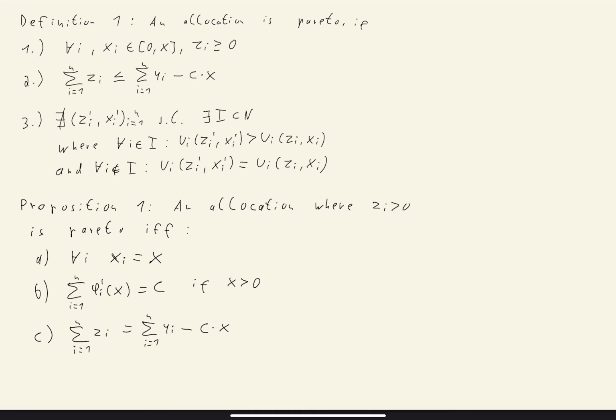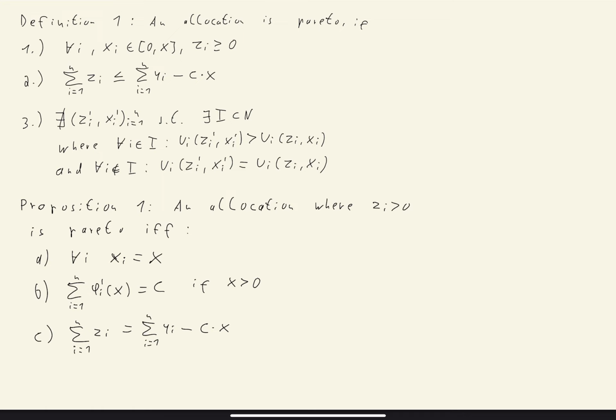Okay, so welcome to this week's problem set, which will be a continuation of the problem set that we had last week. Since the sufficiency part of exercise 1 in problem set 2 was very long, we decided to split up this problem set into two exercise sessions. So this week, we will deal with the necessity part.